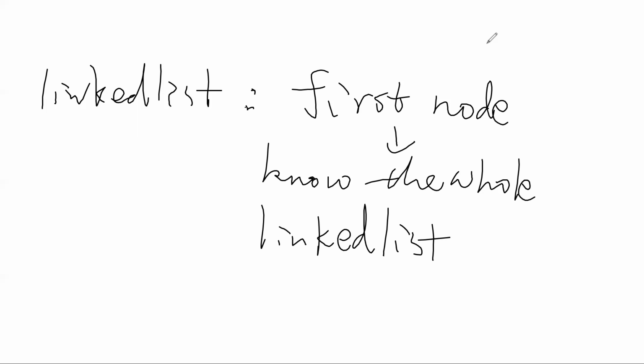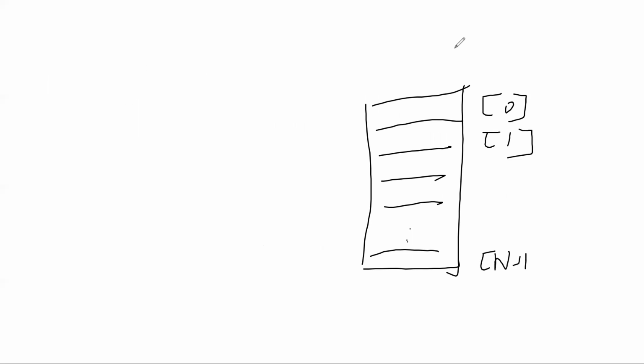Once we know this, for a linked list you just need to know the first node. Then here the concept is different from an array. Just think about an array: you have an index to access all of the elements.